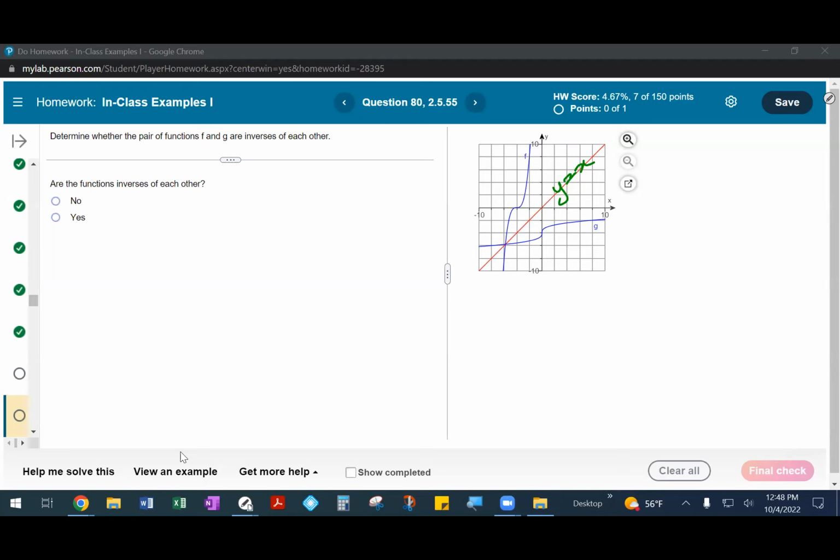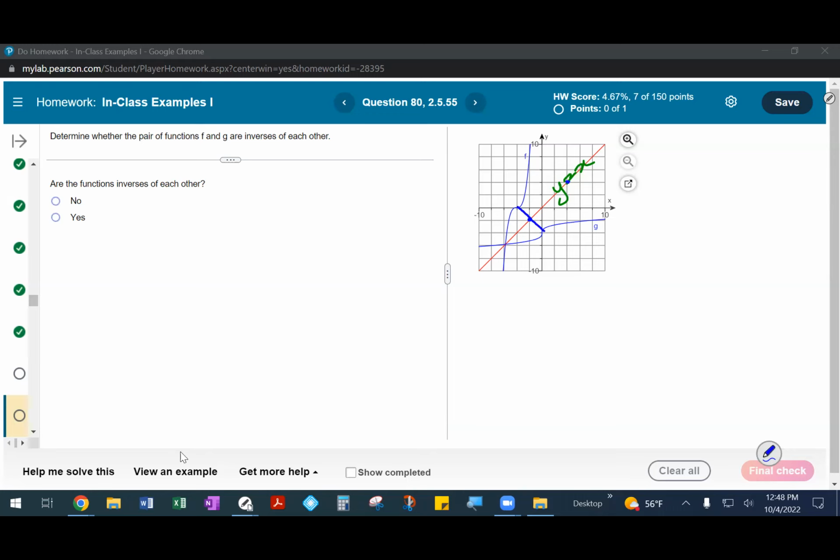So I tell you guys to imagine if we were to fold our graph along this red line, would the two halves coincide? If you folded that graph on the diagonal on that little red line, would the two halves coincide? The other thing you can do is measure the distance. Pick a point on the line and ask, is this distance the same as this one?